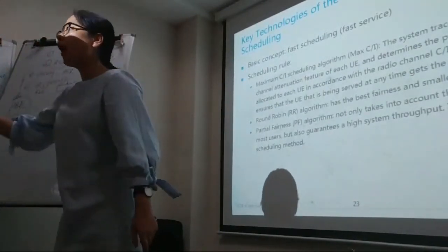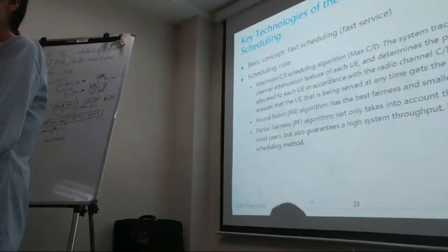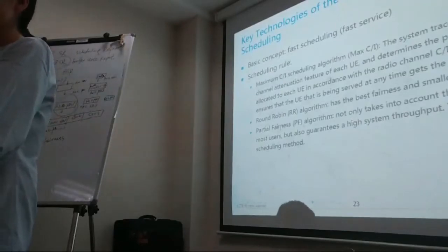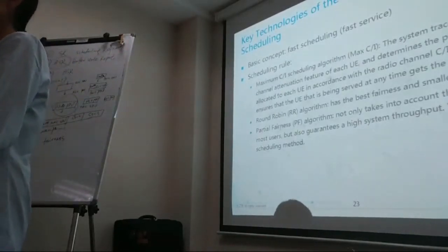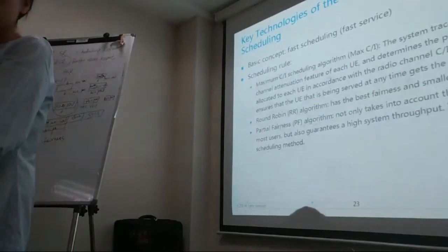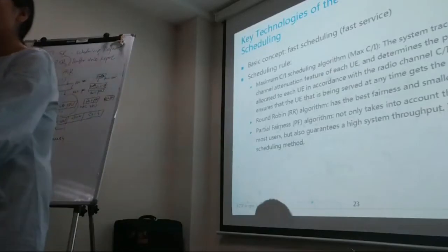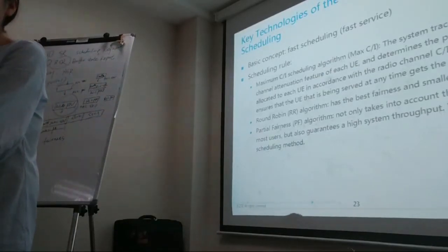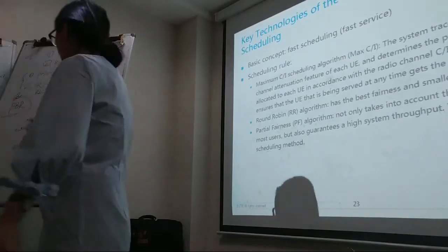If everyone is transmitting for the first time, and all of us never transmitted, I only consider the CQI. Whose channel quality is better, I will select him. But after that, I will consider the fairness.